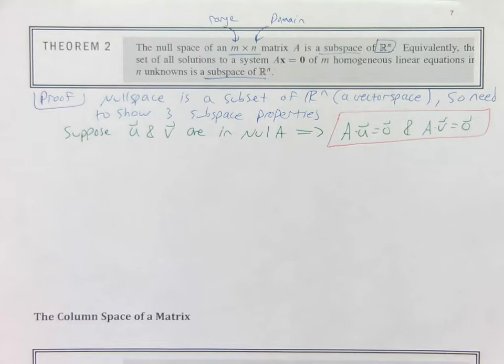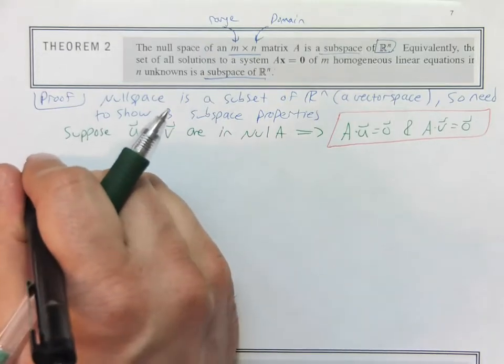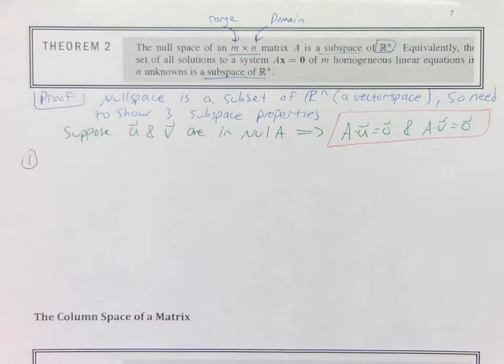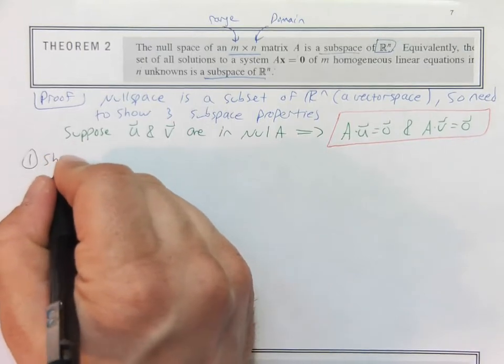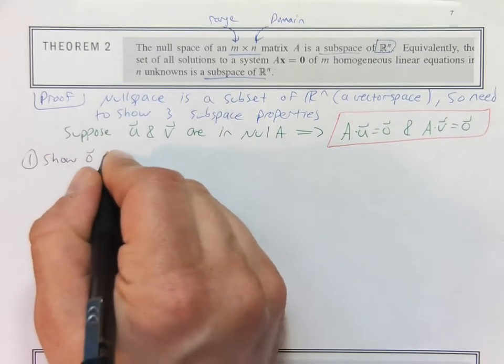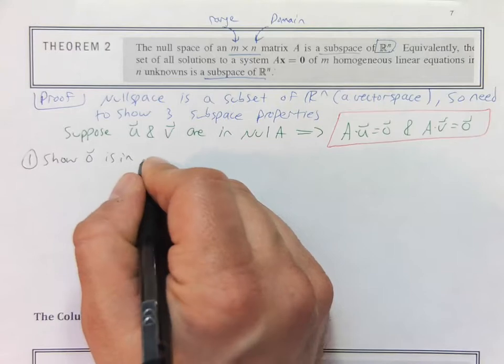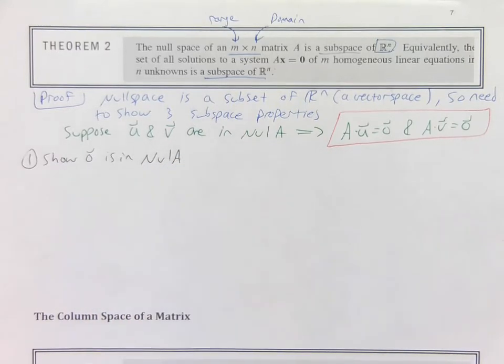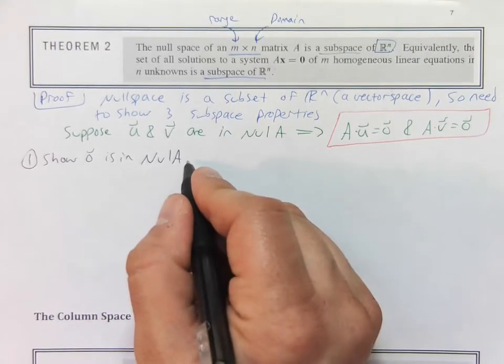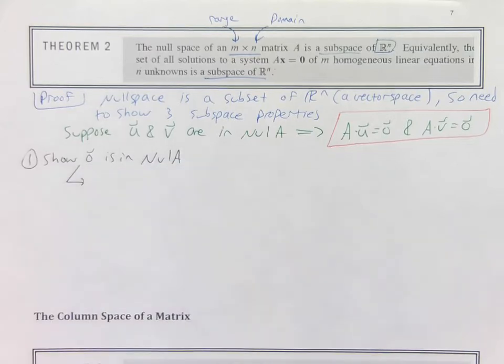The first thing we need to do is to show the 0 vector is in our space. So we want to show 0 is in the null space of A. If 0 is in the null space of A, that means that when you multiply it by A, it gets sent to 0.